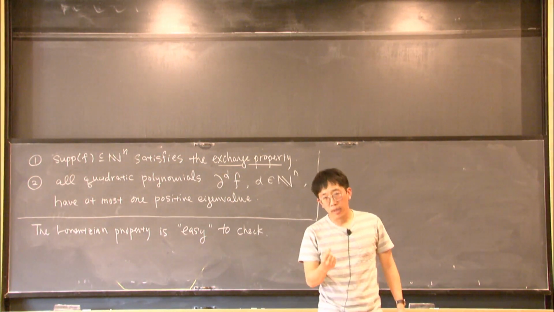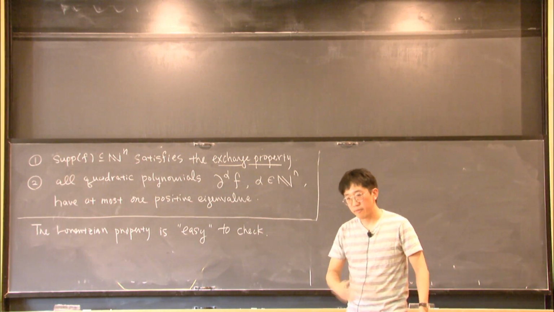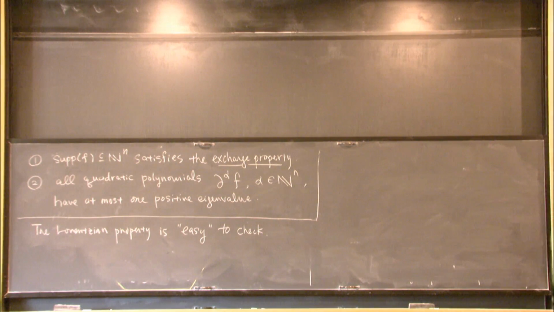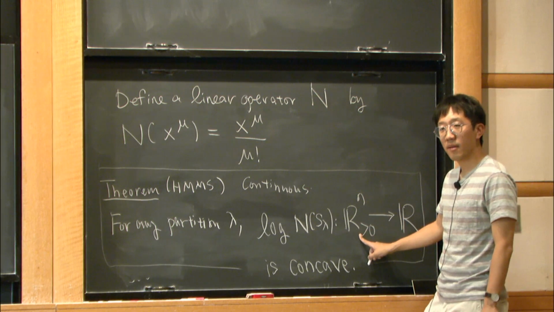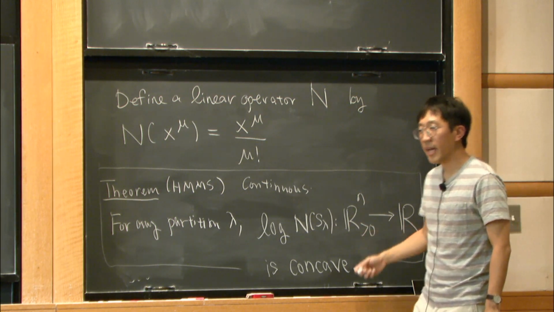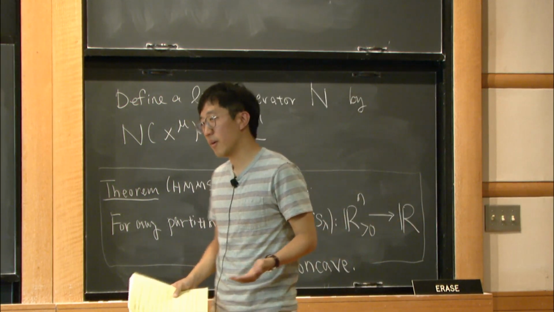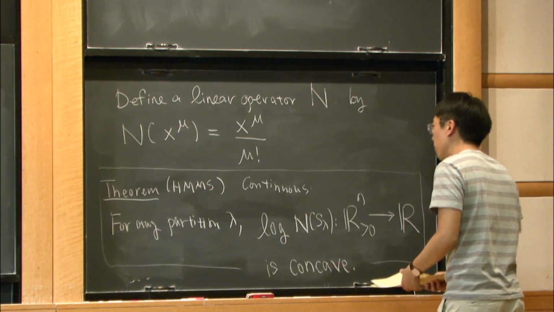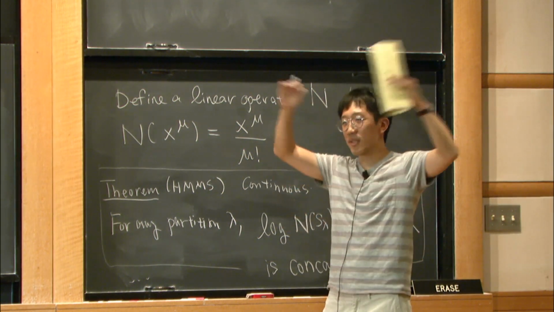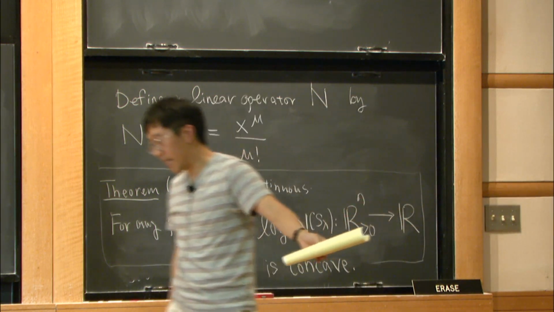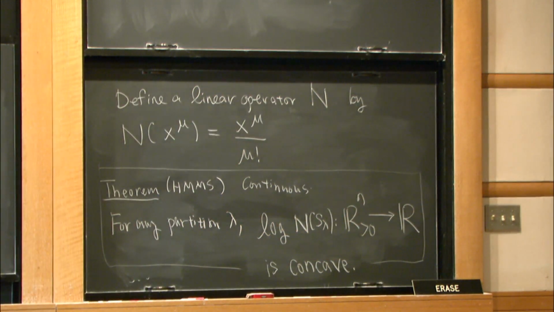Let's say I give you a degree 37 polynomial in 52 variables. And I ask you whether, if you take the log of that polynomial, it is concave on, say, the positive orthant. That would be very hard to check. At least I have no idea how to start typing into a computer. According to the definition, what you can do is form this gigantic Hessian matrix of the log of a polynomial, and you hope that you can say that the principal minors have fixed sign on all of the positive orthant, and I have no idea how to do that.